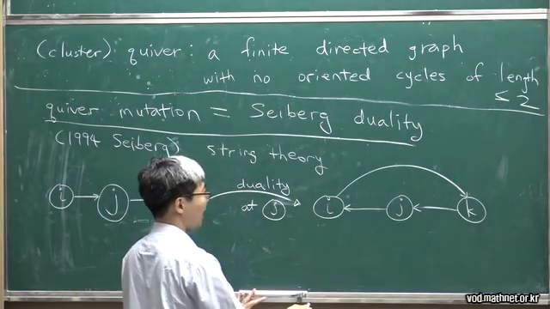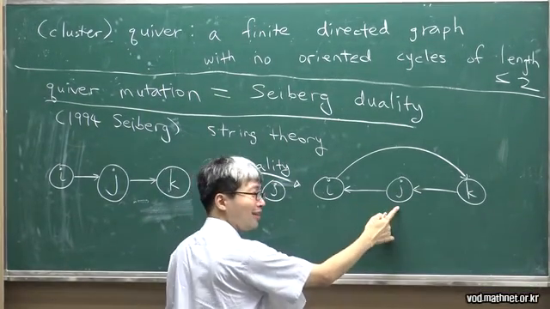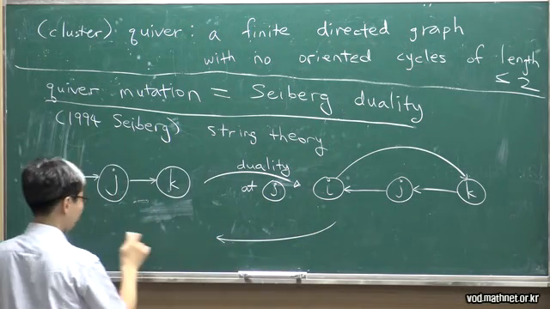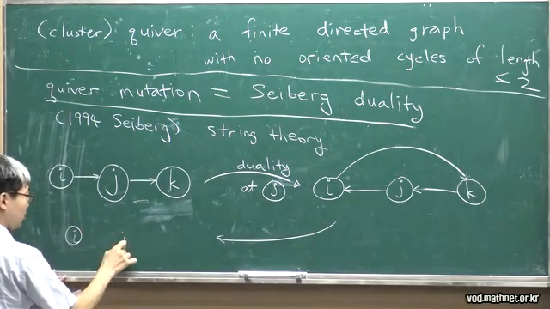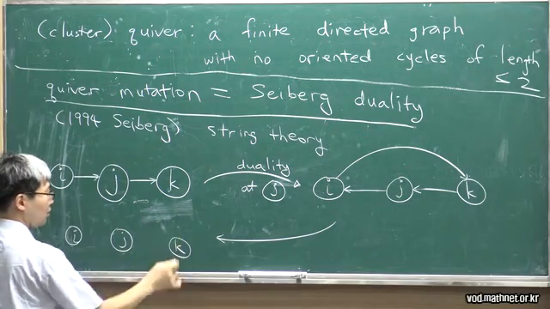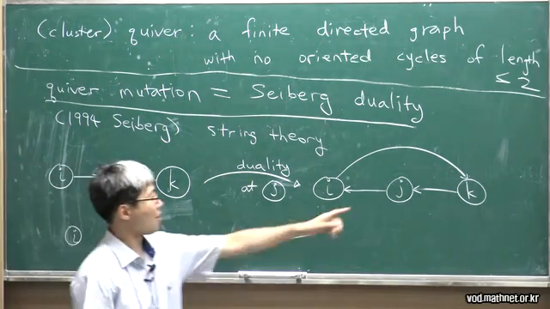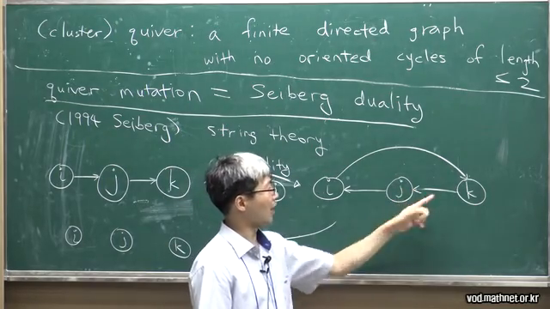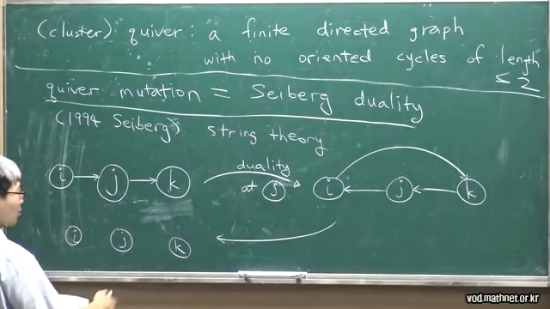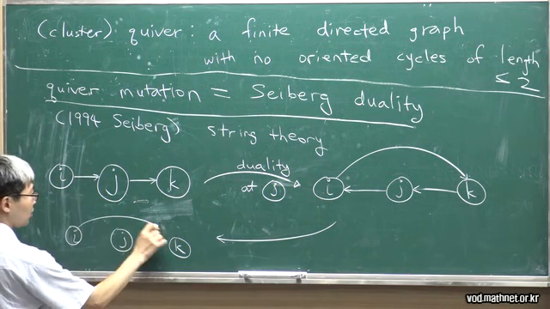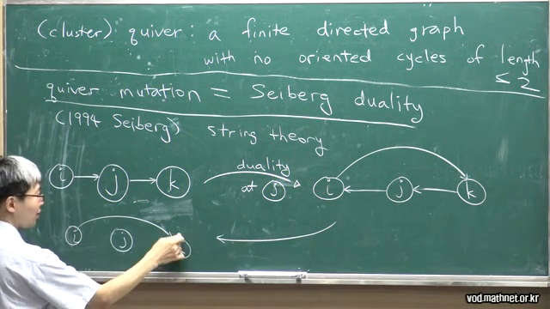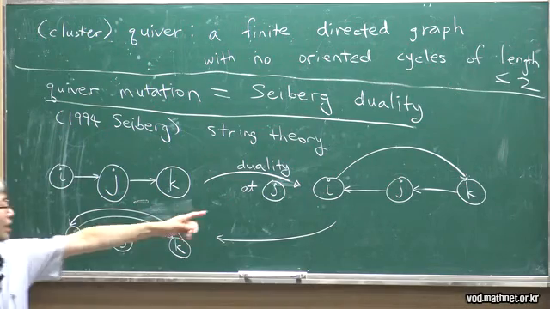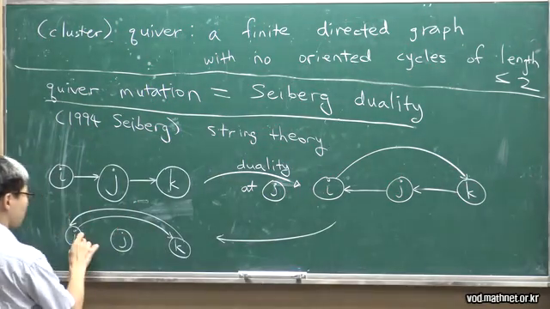So I want to come back by applying Seiberg duality at J here. If I apply Seiberg duality on this graph, then I will get something like this. Again, since there is a path passing through J, I want to draw a single arrow from K to I. This is an old arrow, and I draw a new arrow from K to I, and then I need to reverse these arrows.